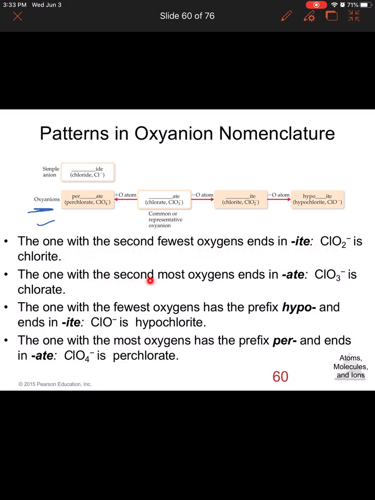The one with the second most oxygens ends in ate, chlorate. The one with the fewest oxygens has the prefix hypo, hypochlorite, ClO minus, and the one with the most oxygens has the prefix per and ends in ate, perchlorate. It's the same thing we talked about in the previous slide, a little more elaborate.